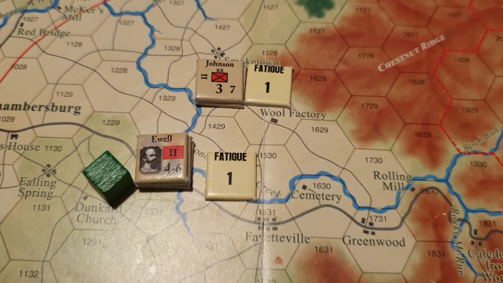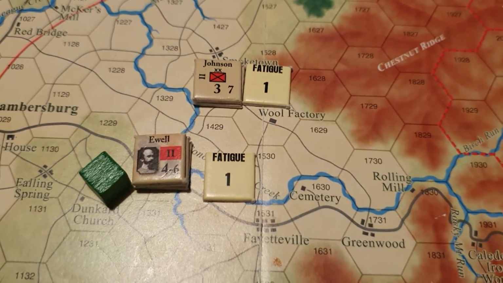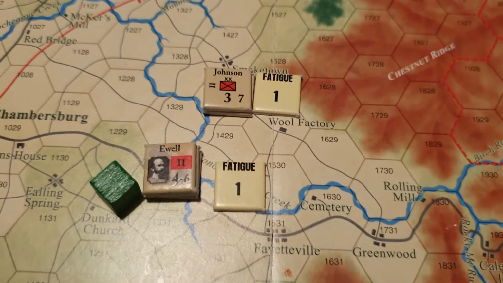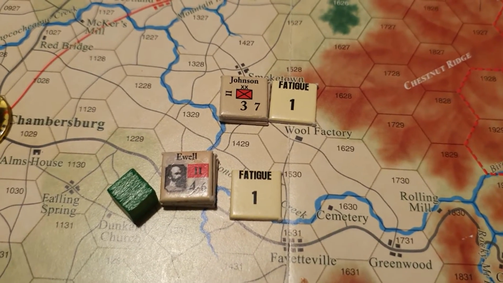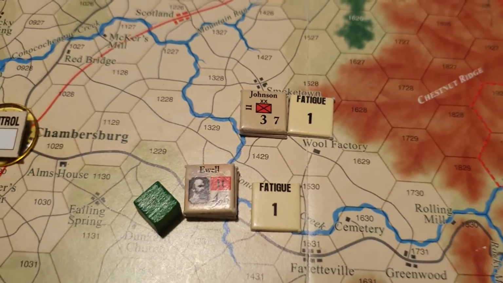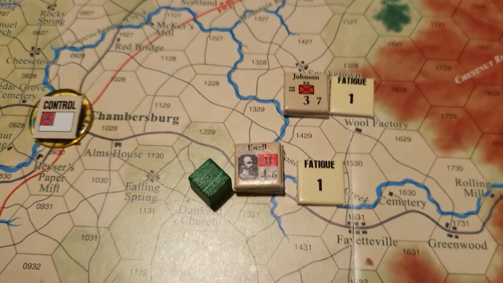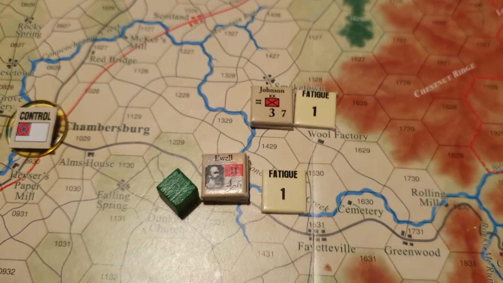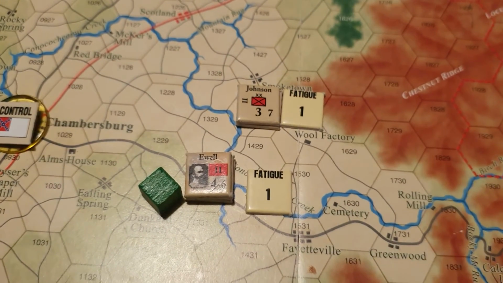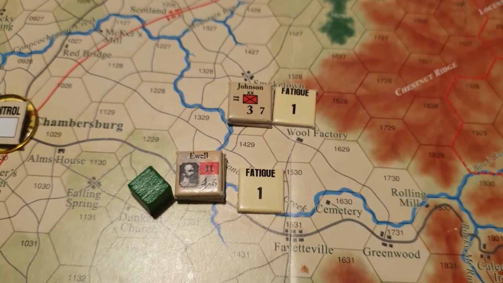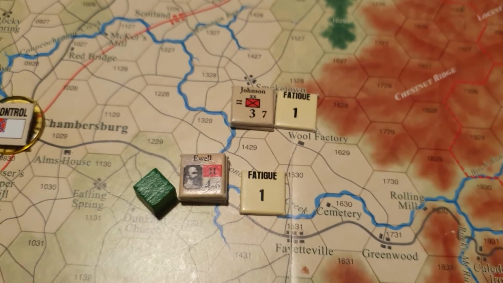Otherwise, it gets very difficult to move units around. Even the movement cost for a clear hex is 3 points, so you don't want to be moving off the roads. Luckily, there are a huge number of roads in this area of Pennsylvania and Maryland. In fact, virtually every hex has a road on it.